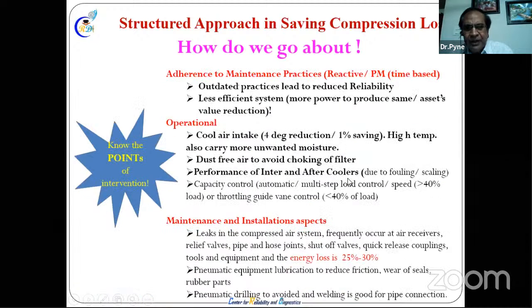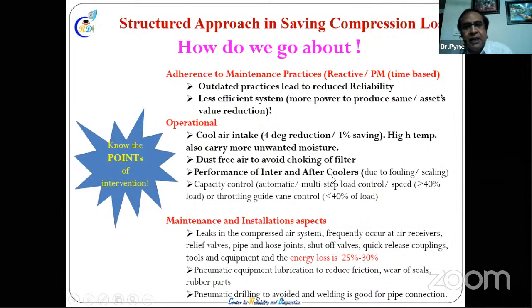How to go about it? We go either through maintenance practices, operational issues, or installation aspects. Sorry, it is not installation, it is inspections. Leaks by themselves account for 25 to 30%. I'll change it afterwards.